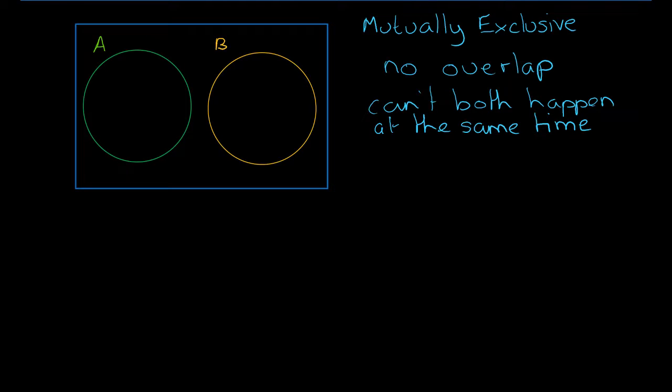So if two things are mutually exclusive, then the probability of A and B will be 0. There's no overlap.